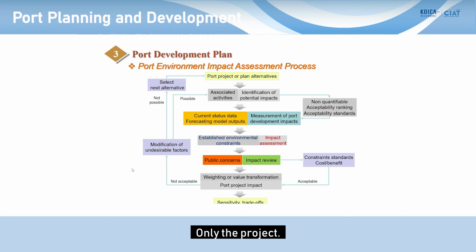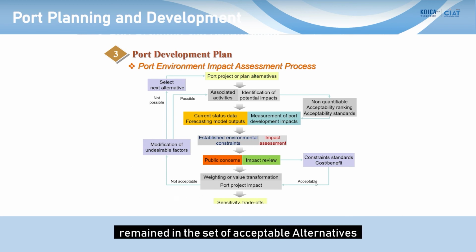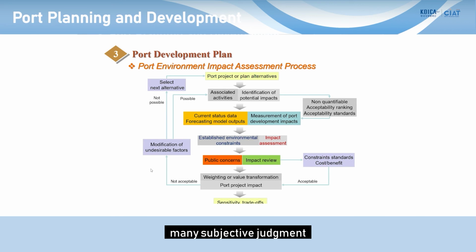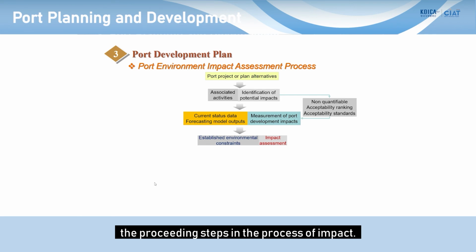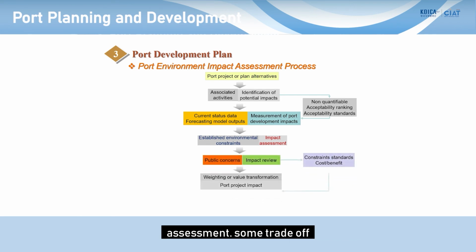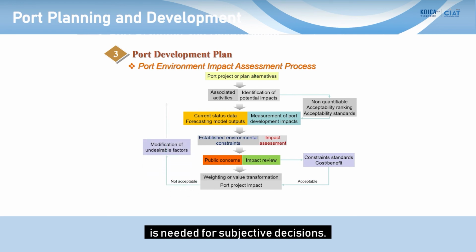Only the projects that meet at least the minimum acceptable standards remain in the set of acceptable alternatives. A sensitivity analysis is necessary to find the critical impacts and activities due to many subjective judgments and predictions in the preceding steps. In the process of impact assessment, some trade-off between cost and environmental impact is needed for subjective decisions.